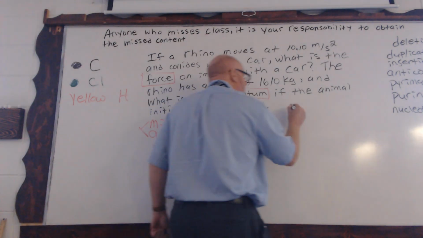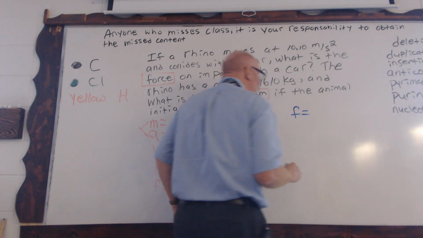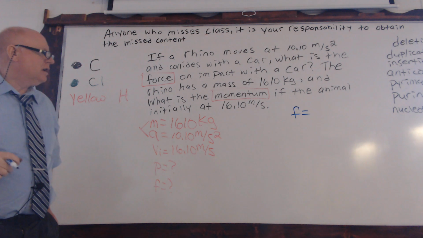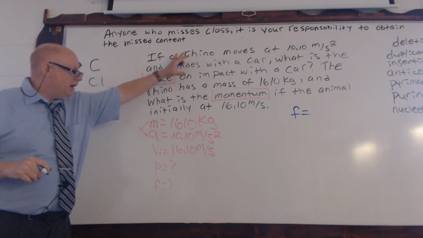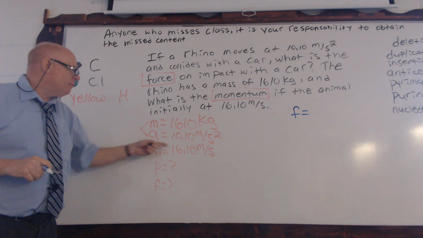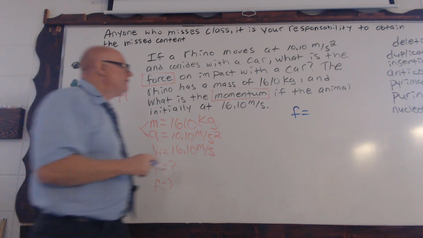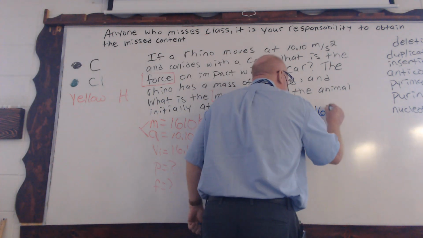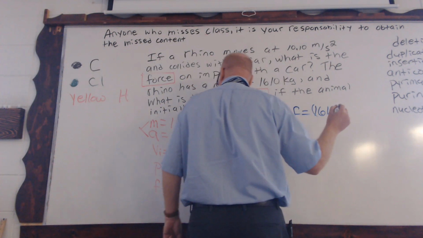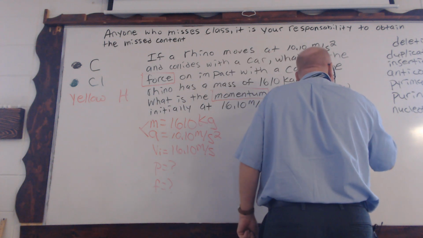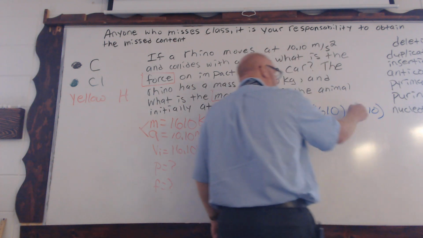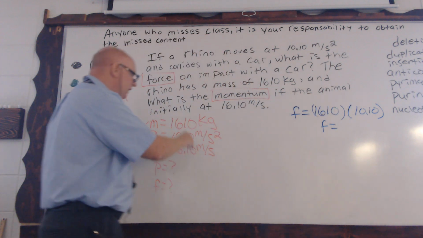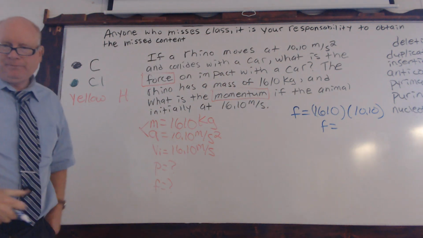So if we multiply these two by doing what the formula tells you to do, for any force, it's going to equal your mass times the acceleration. Rather than looking up at the problem, we have the information that we need right here. Notice we're not labeling these as we go because we've accounted for that over here.